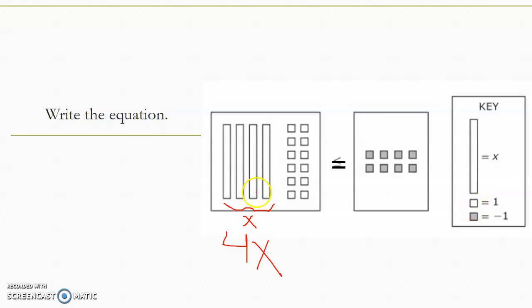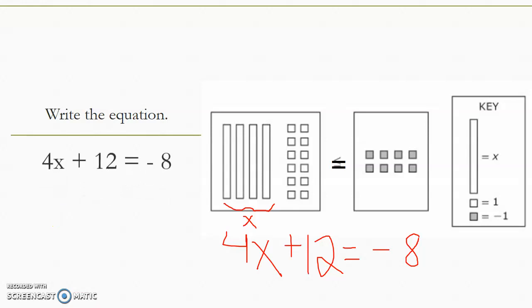And notice they're positive units. So 2, 4, 6, 8, 10, 12. So plus 12 equals, and then these shaded in ones are going to be negative. 2, 4, 6, 8. Negative 8. So 4x plus 12 equals negative 8.